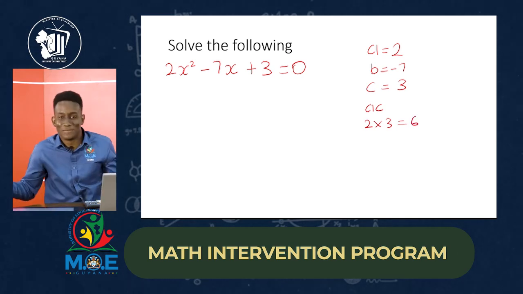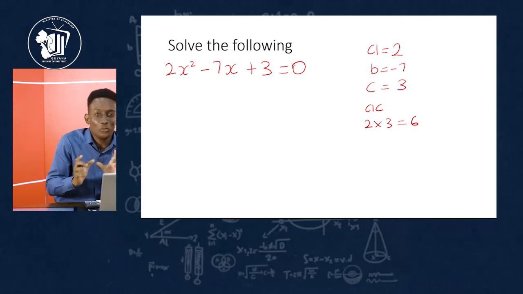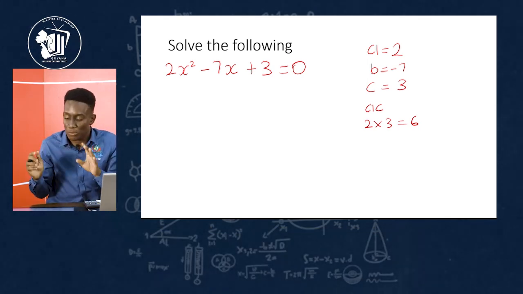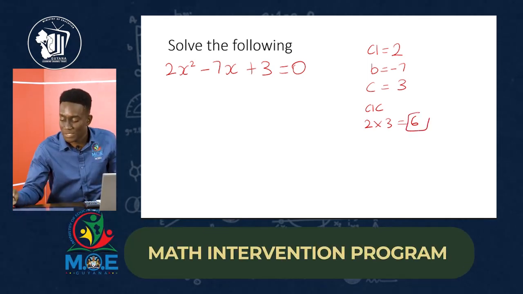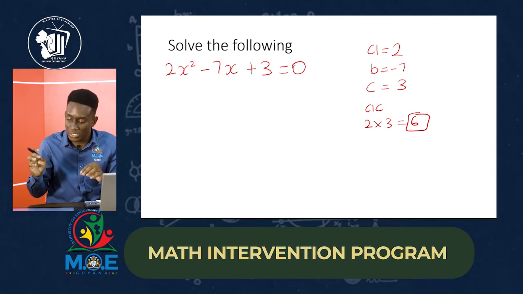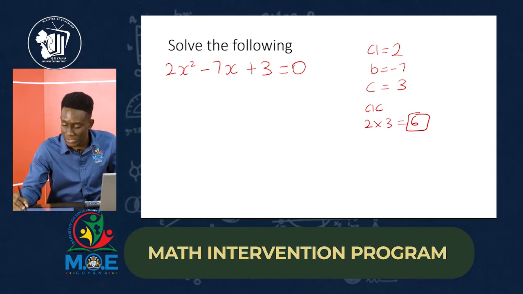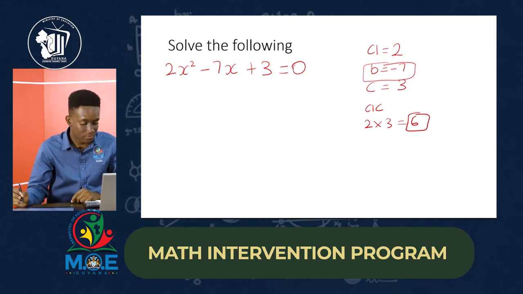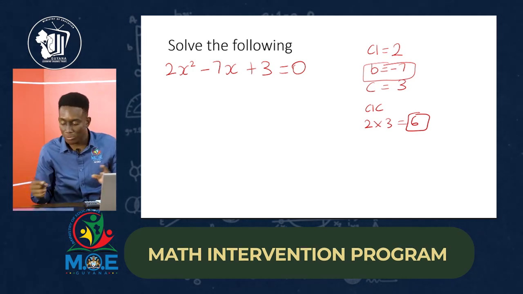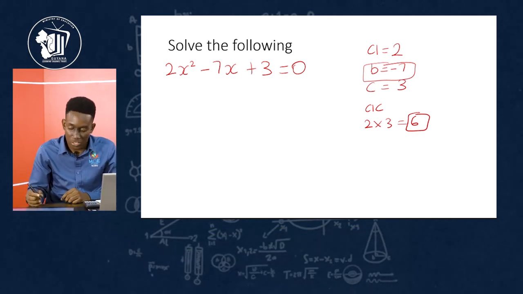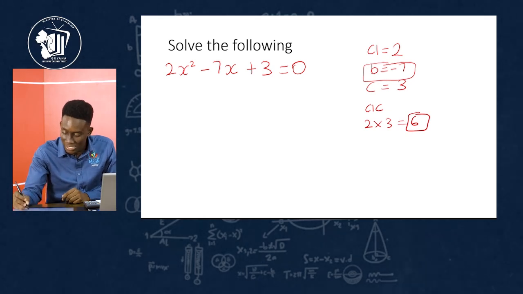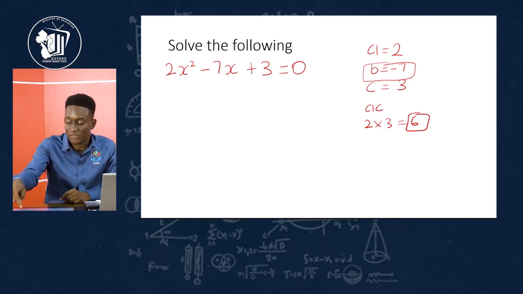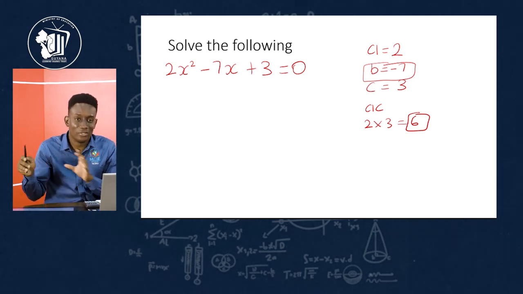And now we have the big step, which is to find two values. When you multiply them, you must get this ac, which is 6, and when you add them, you should get b, in this case negative 7. So we think about the factors of 6. Since we want to find a negative 7, we must have a negative in the two terms.